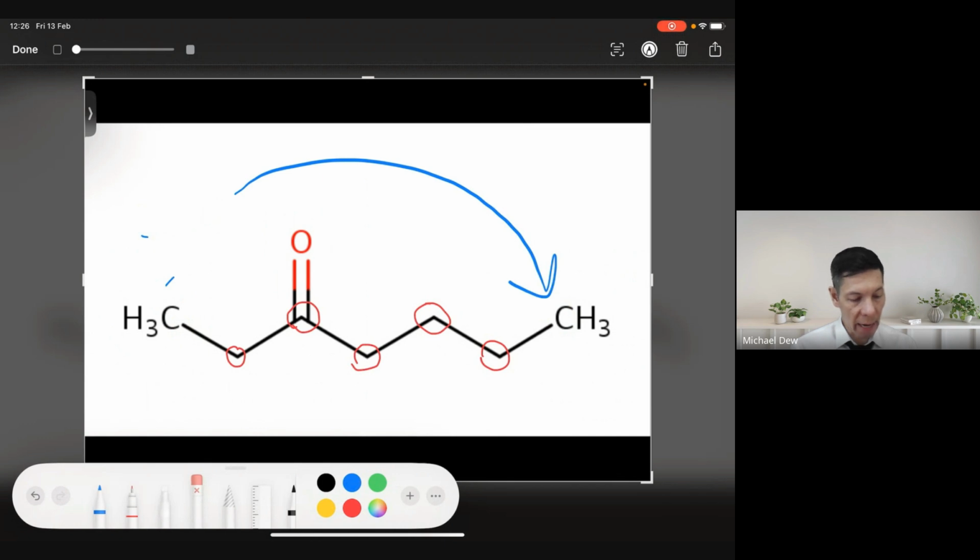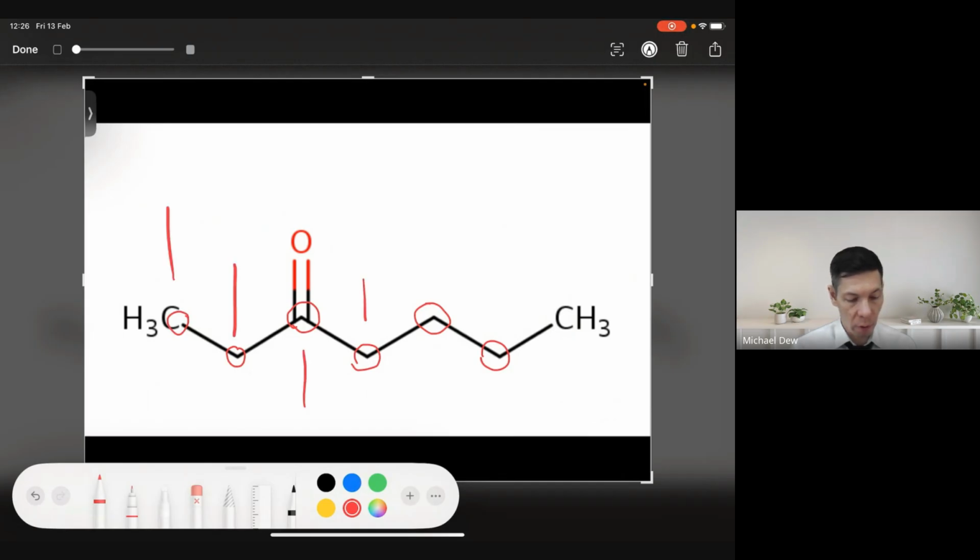Okay, so let's go and name this particular organic compound. Step 1, count the number of carbons. So we have 1, 2, 3, 4, 5, 6, then one more, 7 carbons. We've got a total of 7 carbons here in a chain. So we need to have the prefix, the naming structure for 7 carbons.